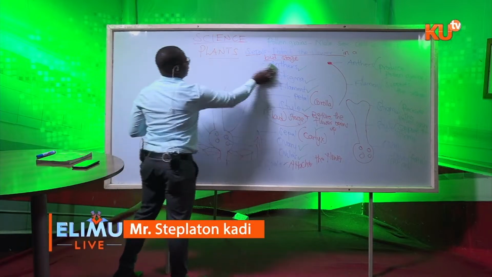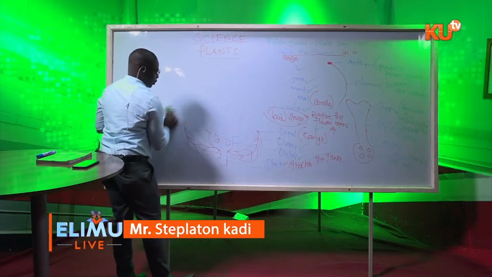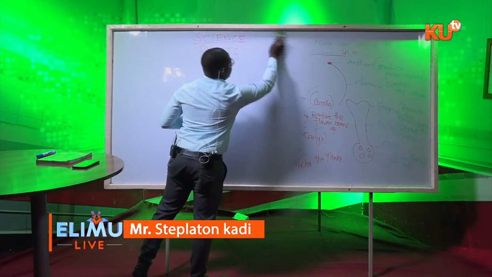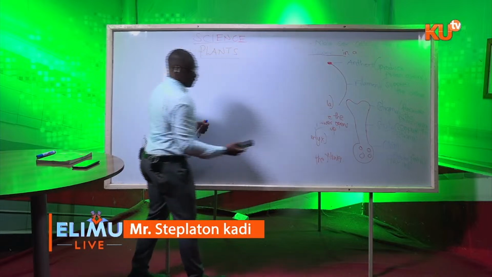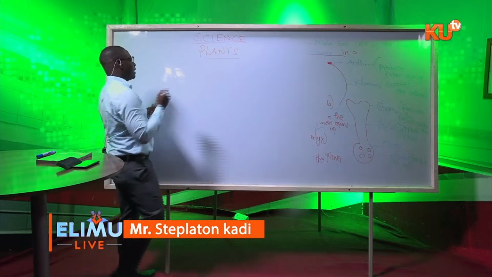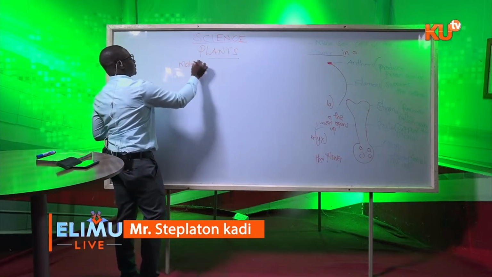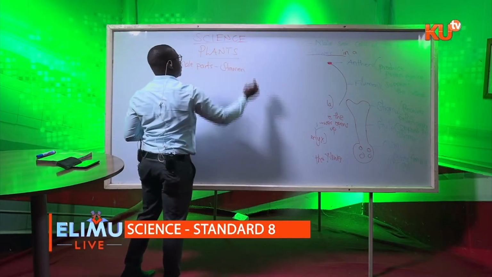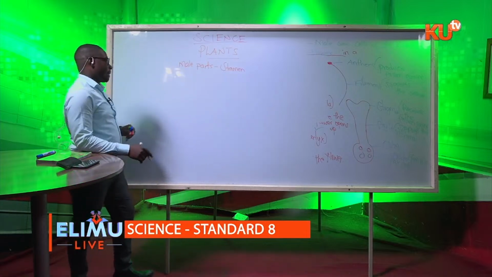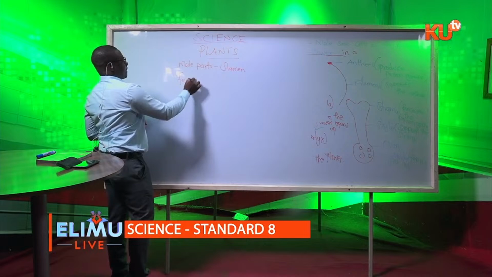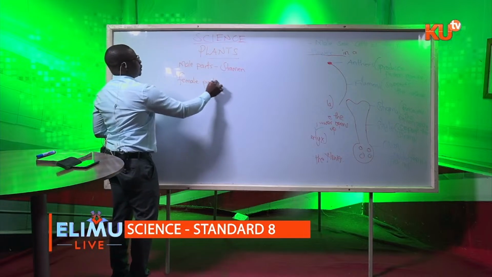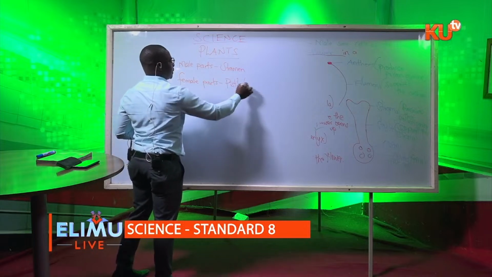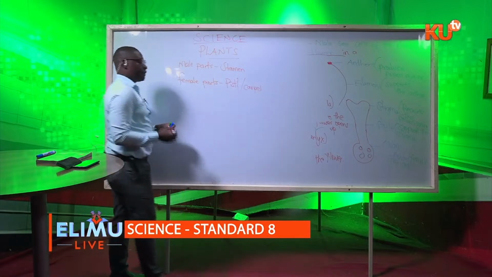The male parts of a flower are given one name, and the female parts of the flower have one specific name. The male parts of the flower will be called the stamen. Stamen, those are the male parts of the flower. The female parts of the flower will be called the pistil, or the carpels.